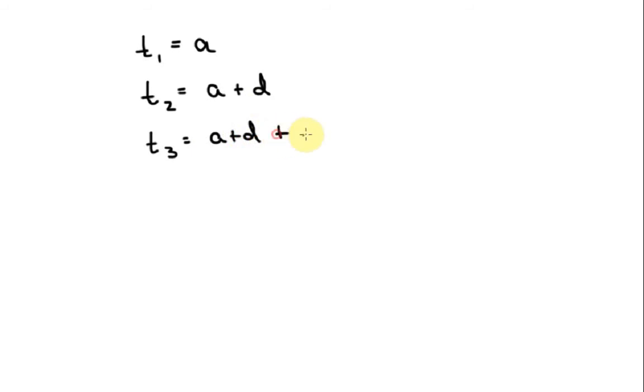So term 1, very general, has some numeric value A. Term 2 in our sequence would be A plus the common difference D. Now term 3, I'm going to take the previous term, which is A plus D, and add another D to it, another common difference. I could simplify that a little bit, and it would look like this: A plus 2D.